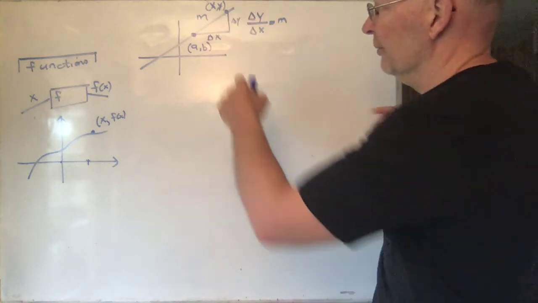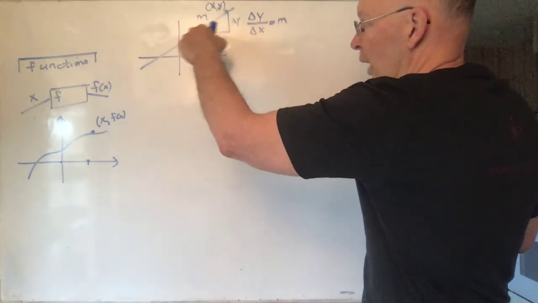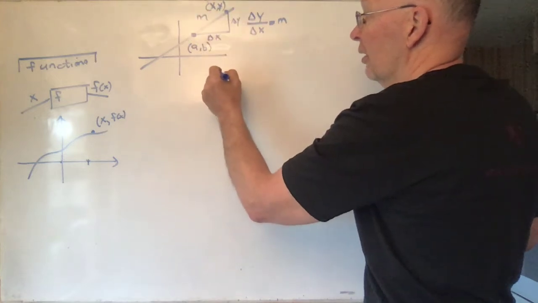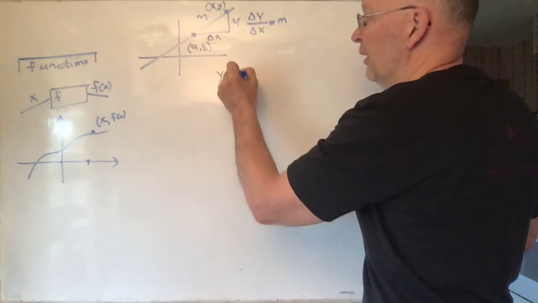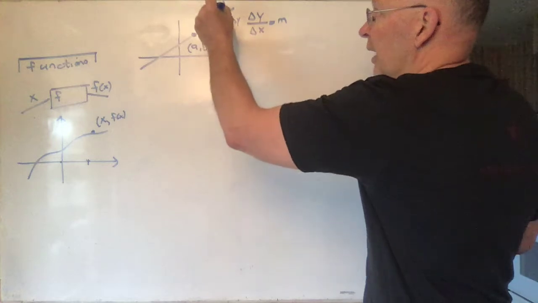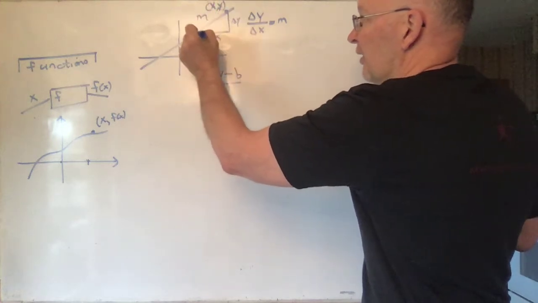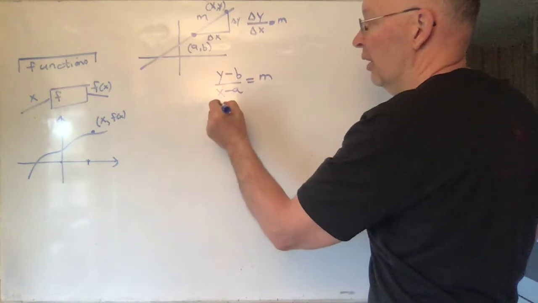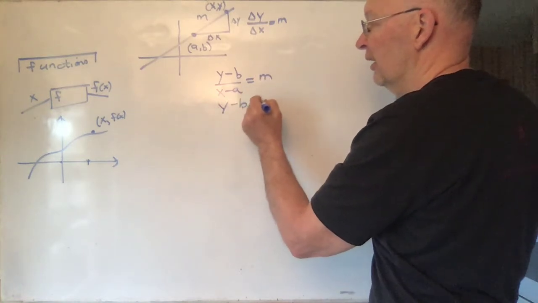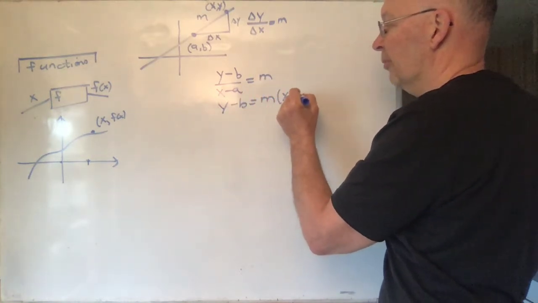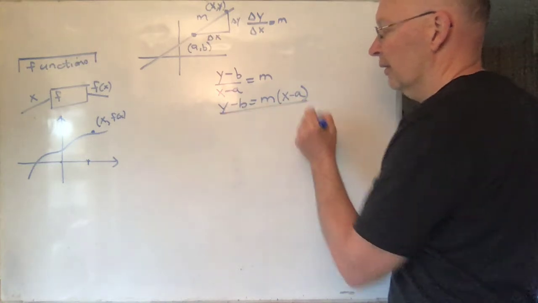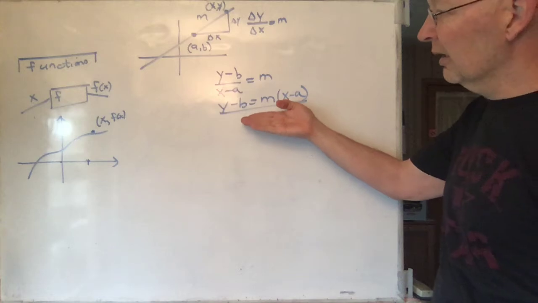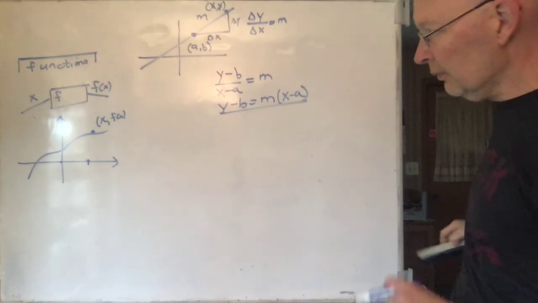And the answer is the change of y over change of x has to be m, so y minus b divided by x minus a has got to be the slope, which means that y minus b is the slope times x minus a. And that's, I think, by far the most useful and convenient equation for a line.